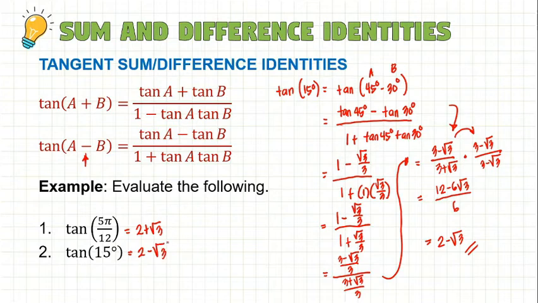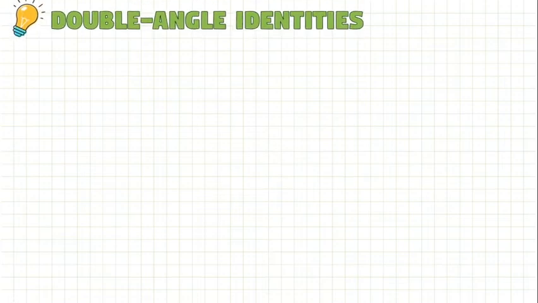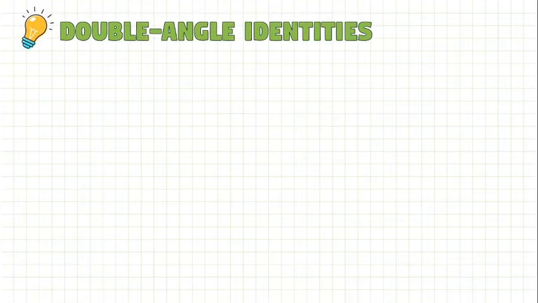So those are the formulas for the sum or difference identities for sine, cosine, and tangent. Okay? Now let us solve the next identity, and that is the double angle identities. Here we have two formulas, that is for sine and cosine.